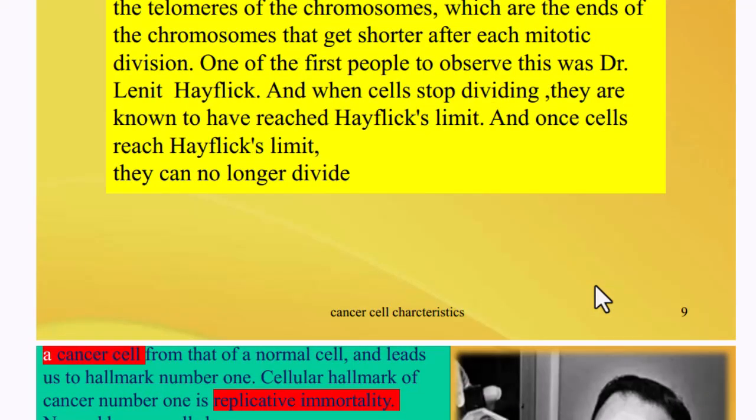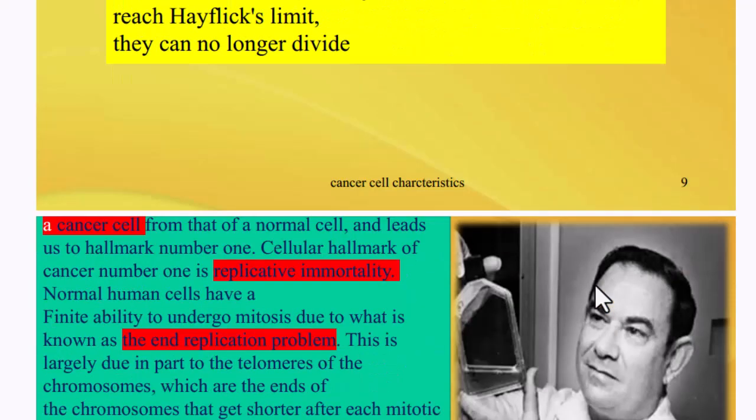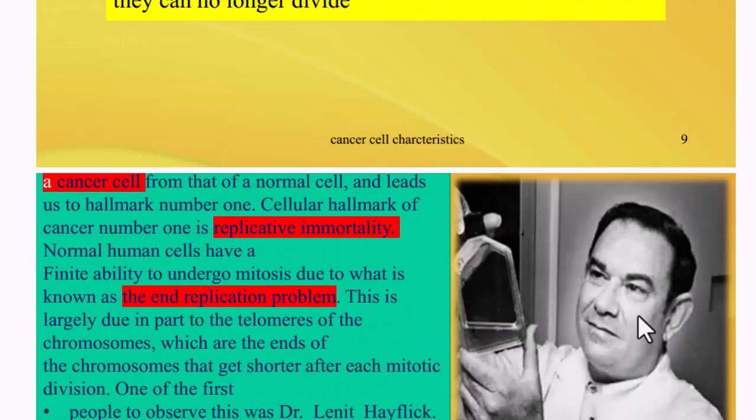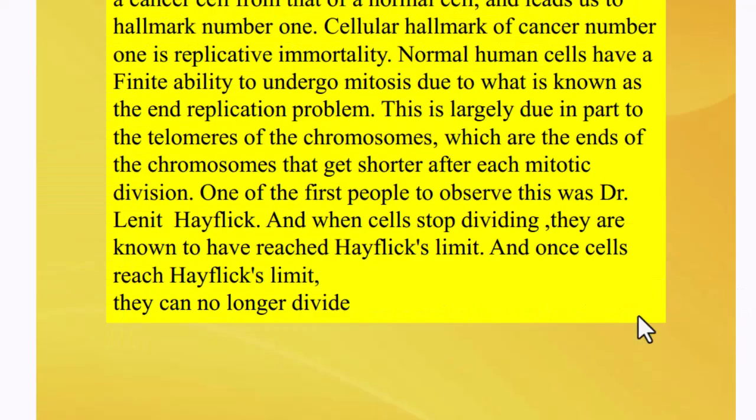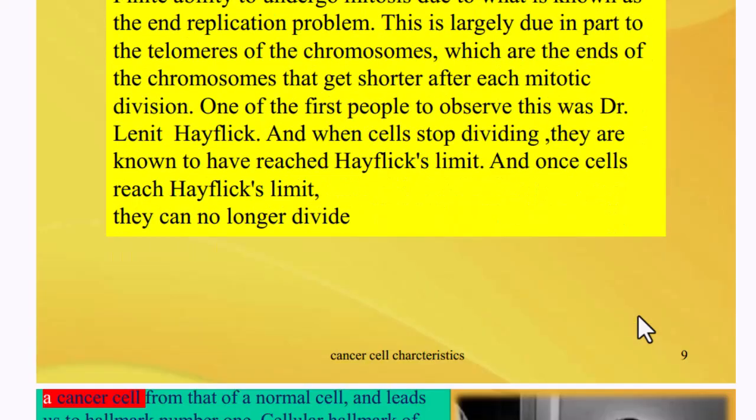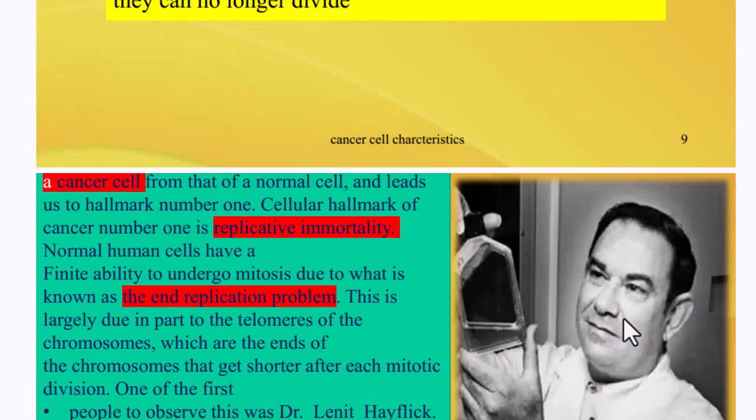One of the first people to observe this was Dr. Hayflick. When cells stop dividing, they are known to have reached the Hayflick limit, and once cells reach the Hayflick limit, they can no longer divide.